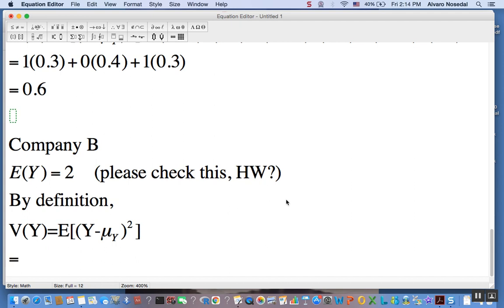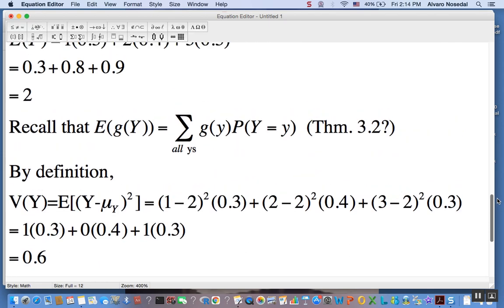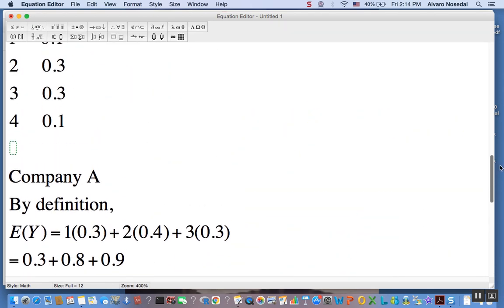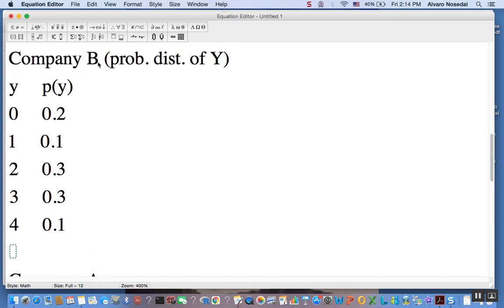So in this case, let's refer to the probability mass function of the random variable y in the case of B. We have more values: 1, 2, 3, 4, 5 values, and we have more probabilities, right? The first term when computing the variance would be 0 minus the expected value 2, squared, times 0.2. You guys agree?